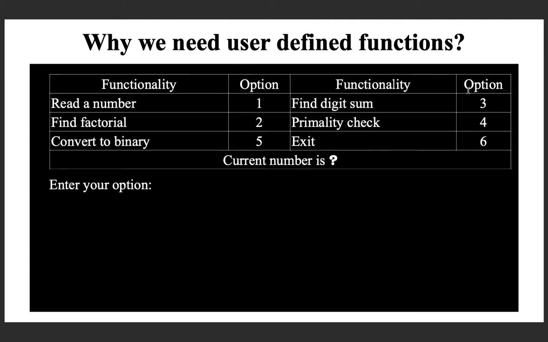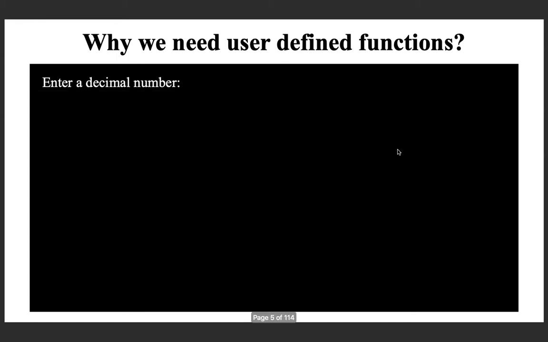So these are the options that you can give, and now the current number is undefined. If you want, you can read a number using option 1. Then the program is asking you as a user to provide your option, one of the 6 options you can give. Now suppose I am giving option number 1, then what is it doing?